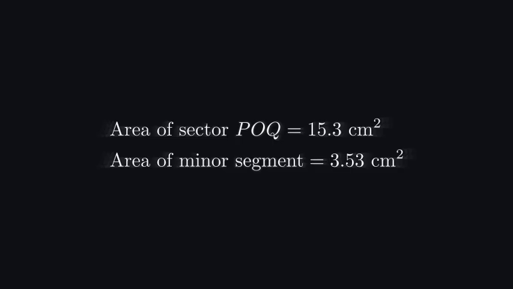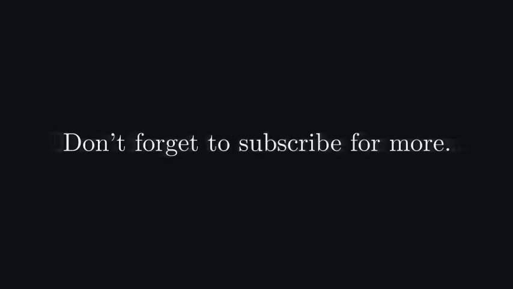Area of minor segment equals 3.53 square centimeters. To summarize, the chord PQ is 5.74 centimeters. The arc PQ is 6.11 centimeters. The area of sector POQ is 15.3 square centimeters, and the area of the minor segment is 3.53 square centimeters.